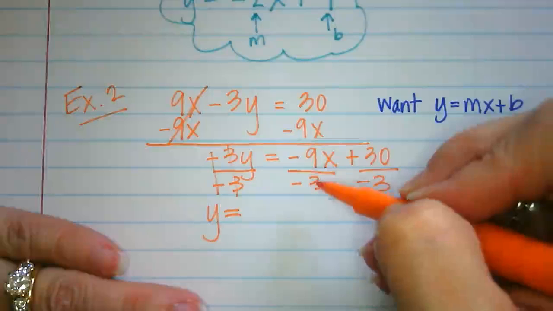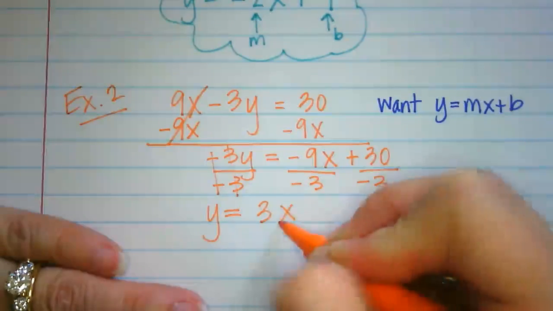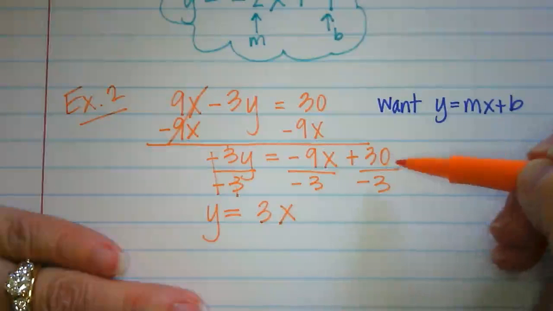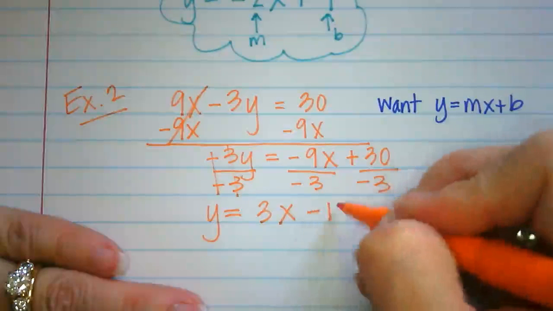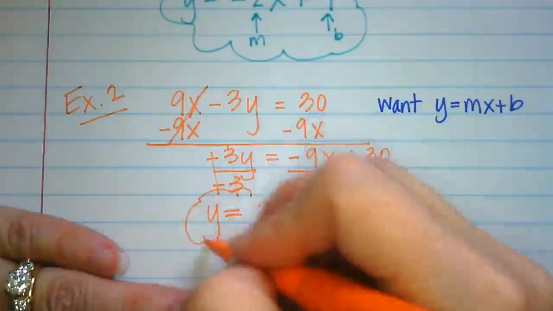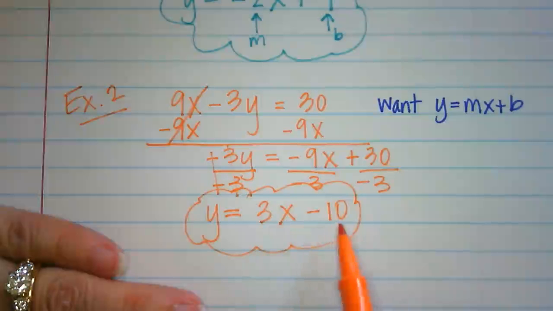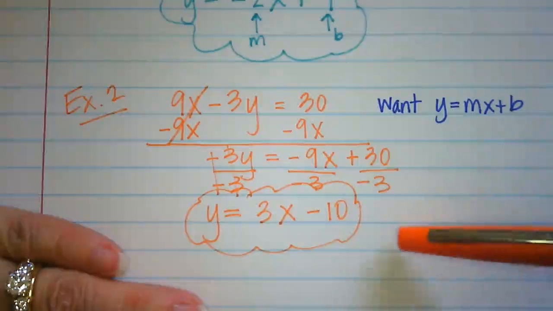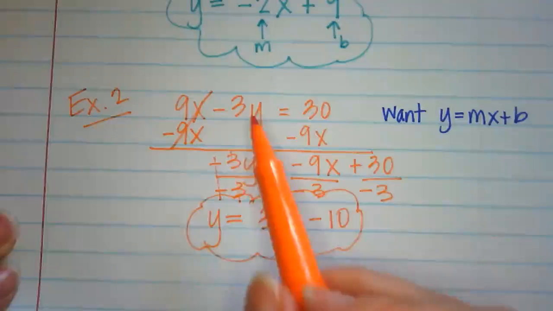Over here, negative 9 divided by negative 3 is a positive 3x, and positive 30 divided by negative 3 is negative 10. Now we have slope-intercept form, and we can take the m and the b from this and graph. That one shows you what happens if the y is negative.